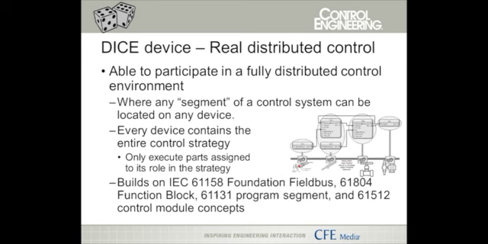But the real key in the industrial world versus the consumer world is this ability to participate in real distributed control, in a fully distributed control environment where any segment of a control system can be located on any device. And if each device contains the entire control strategy, it basically simply needs to be told what role it's performing and will execute the part of the strategy.